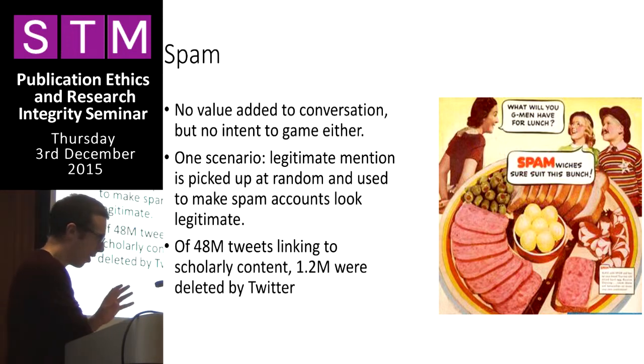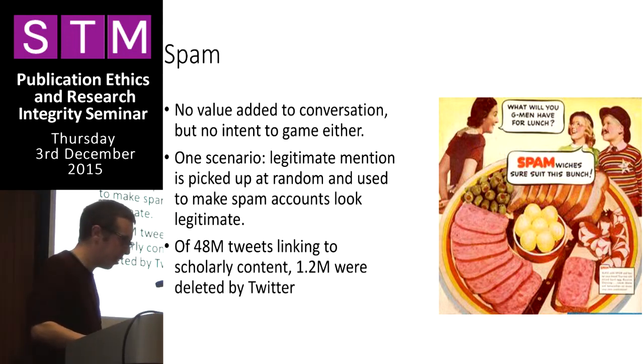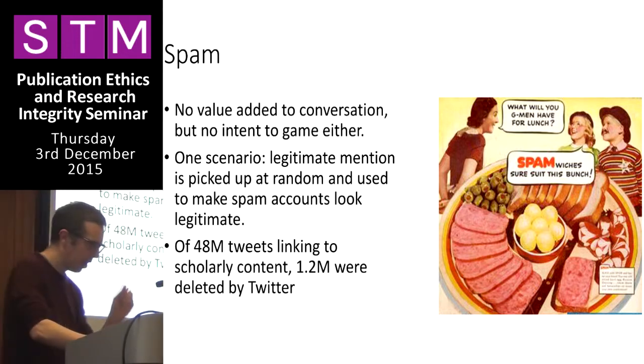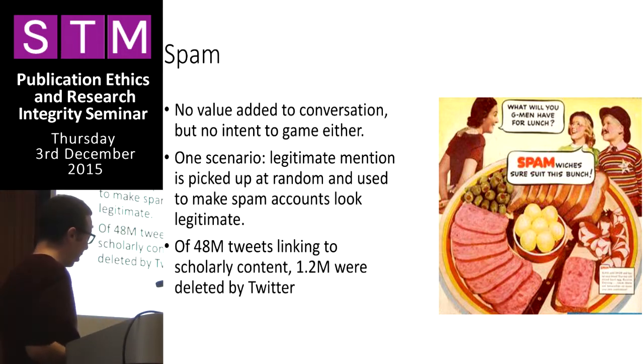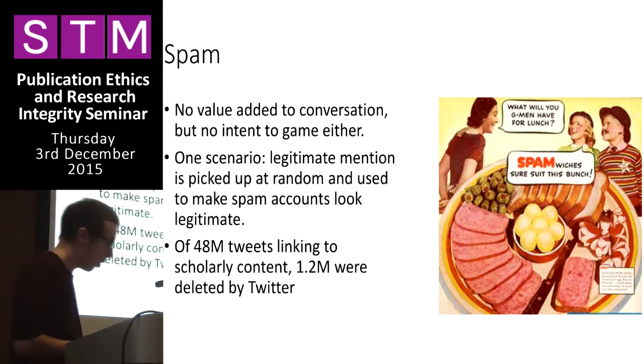There are some other reasons that you might be deleted, so it could be the user deleting the tweets as well. If you think about things like PDFs, there are occasionally reasons, but I think the vast majority of these are spam being automatically deleted. So, if you round it up, that's 2.5%, 3% of all the links to scholarly content from Twitter end up being deleted as spam.